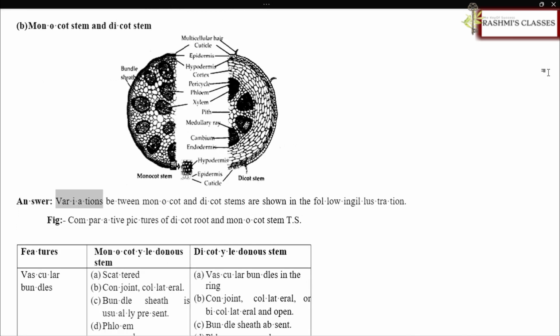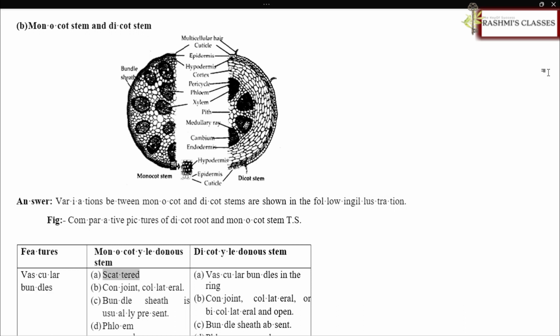Answer: variations between monocot and dicot stems are shown in the following illustration. Fig. Comparative pictures of dicot root and monocot stem TS. Features: monocotyledonous stem, dicotyledonous stem. Vascular bundles.